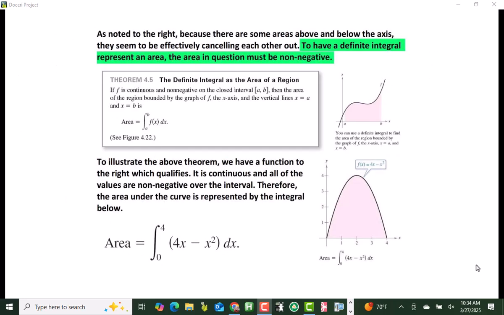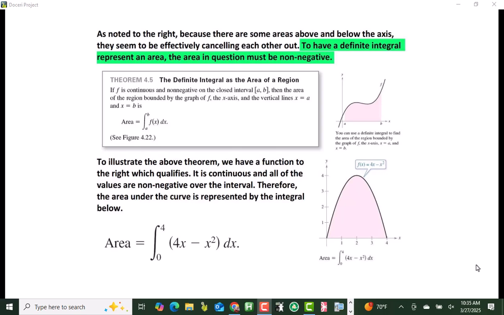Okay, so more reading. It says, to have a definite integral representing an area, make sure that the area is non-negative. And then this is pointing out a fact that I've been alluding to.